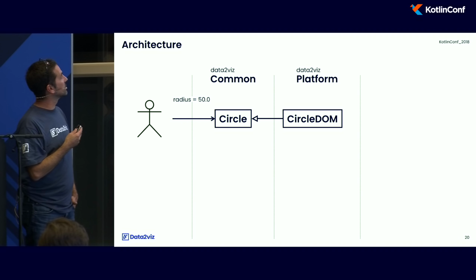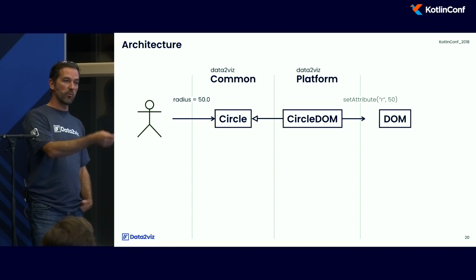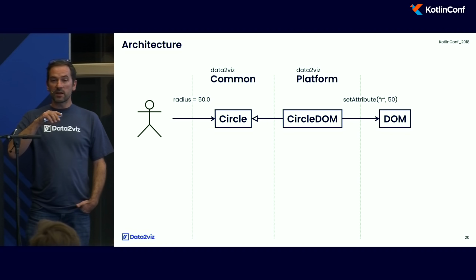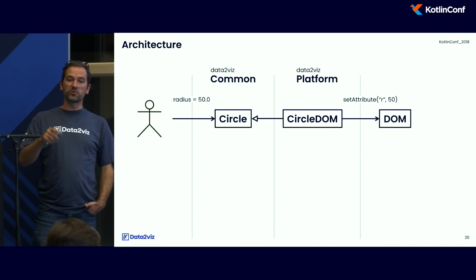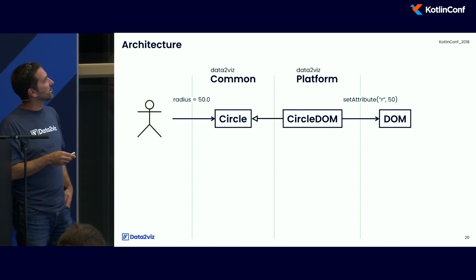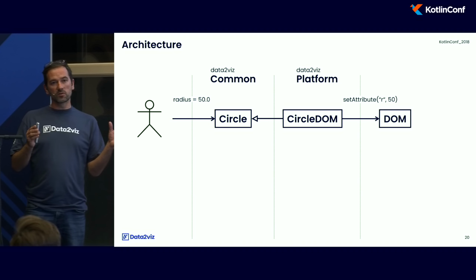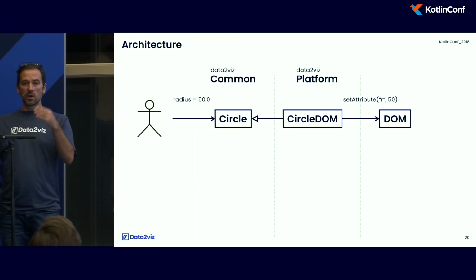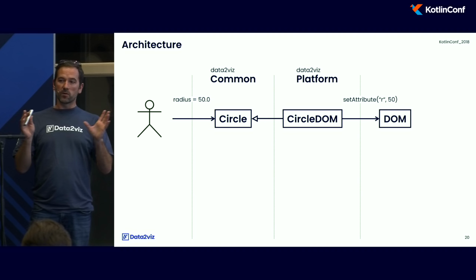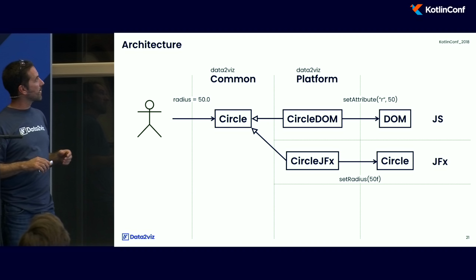And when the developer is assigning the value 50 to the radius, under the hood, it's the circle DOM class that is calling set attribute R, and it's using the right attribute name on the DOM. And this has worked quite well. I mean, we could do that on all the basic elements and port all the D3.js modules with that mechanism.